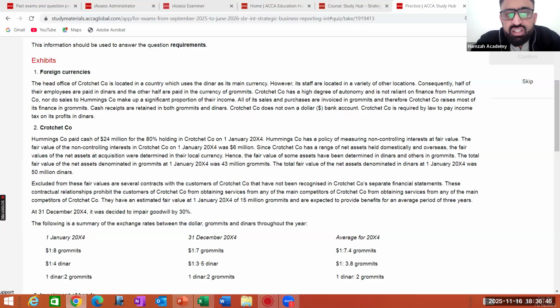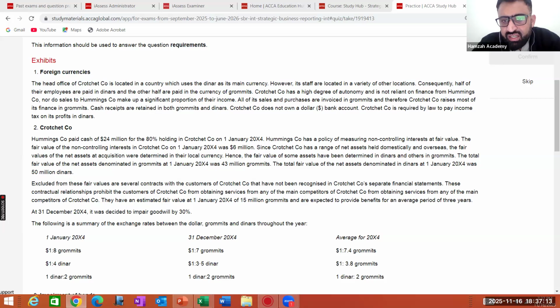Head office of the C company is located in a country which uses the dinar as its main currency. However, its staff are located in a variety of locations. Consequently, half of their employees are paid in dinar and the other half are paid in the currency of Grommets.